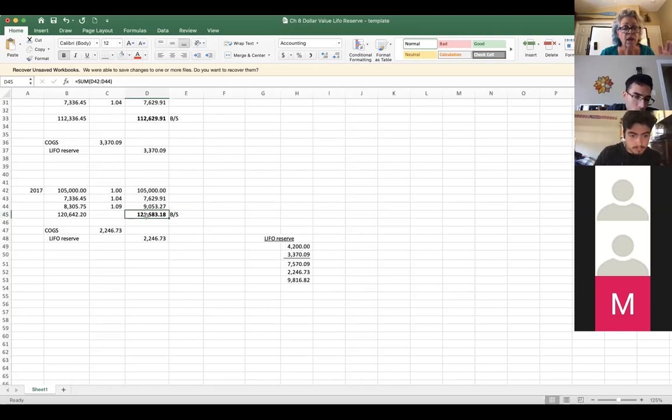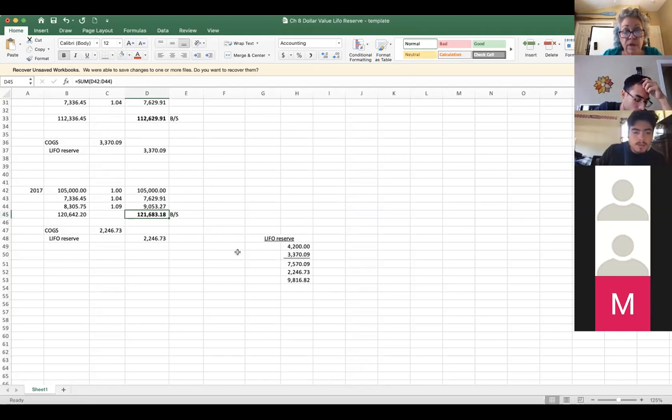We just keep track of it year to year based on the amount that's being taken out or put in. Did they sell more than they bought this year, or did they sell less than what they bought this year? If they sold more, they liquidated a layer. If they sold less, they added a layer.